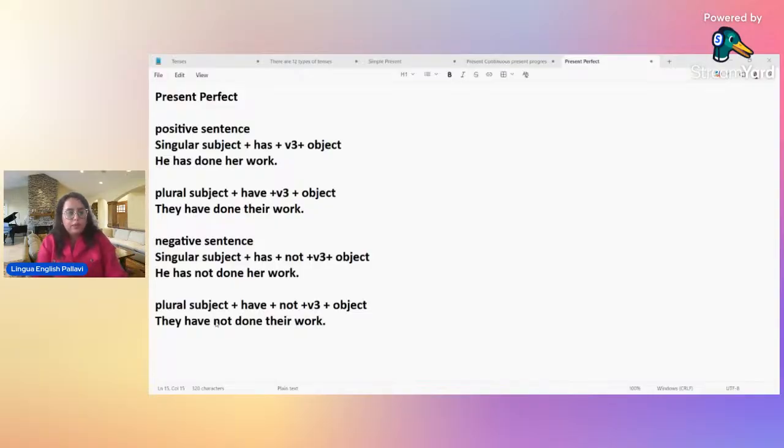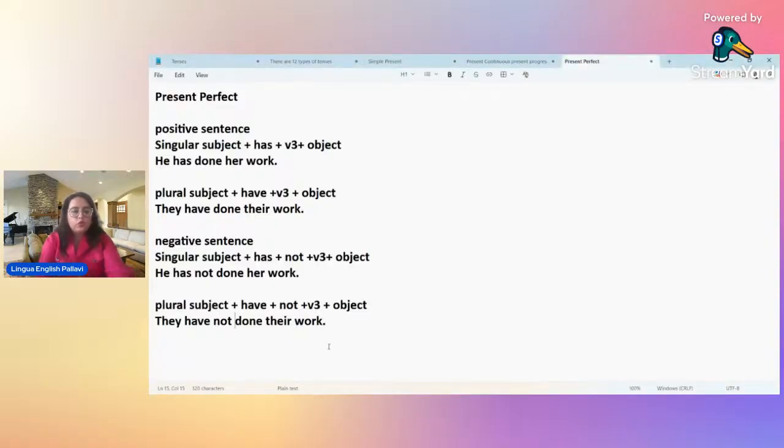Plural subject plus have plus V3 plus object, they have done the work. And the negative sentence would be singular subject plus has plus not plus V3 plus object. So he has not done her work, and the plural one will be plural subject plus have plus not plus V3 plus object. So they have not done the work.